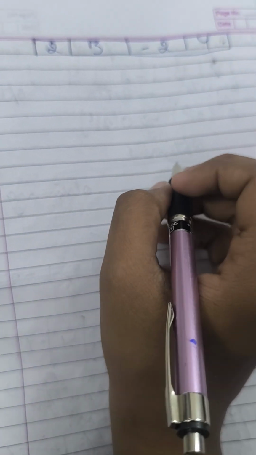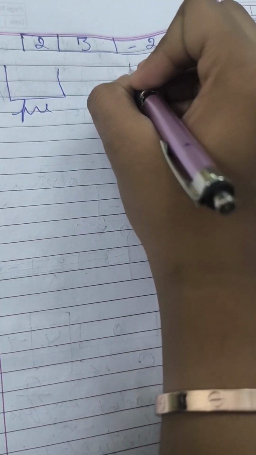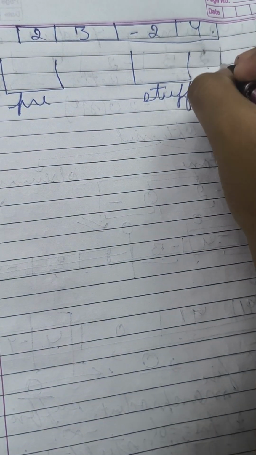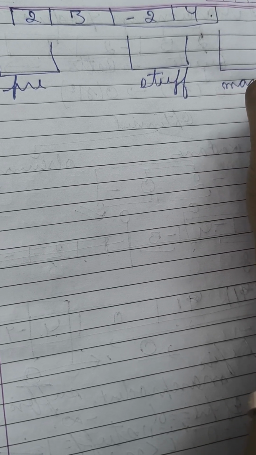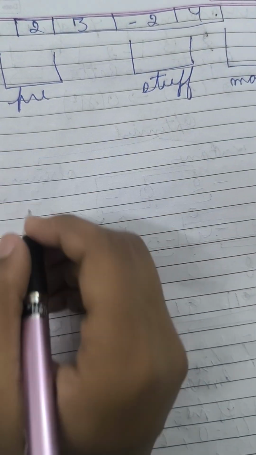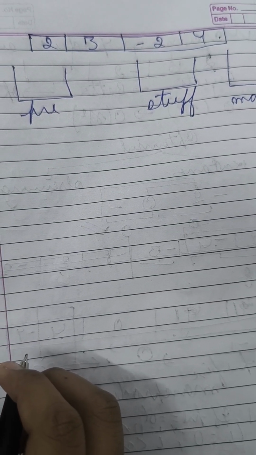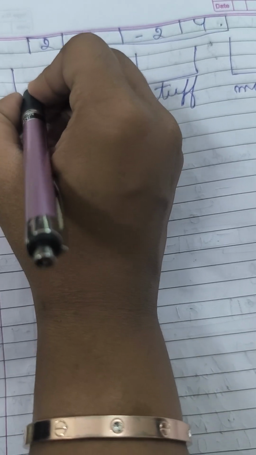First of all I created one prefix which is pre. Then I am creating one more variable which is suff. I am going to create the max product. Pre, suff, max product.